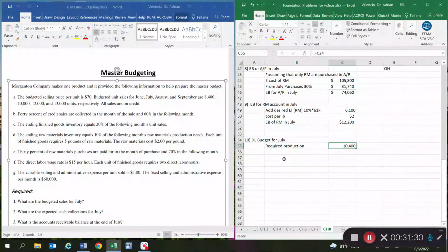So I'm going to go in here and say direct labor hours per unit is 2. So overall, direct labor hours needed is going to be the multiplication of those 2. Okay, so I need to hire enough personnel in the month of July to meet 20,800 hours of labor that I need.